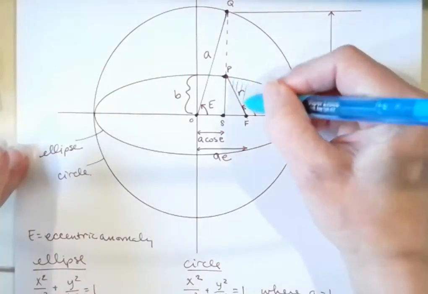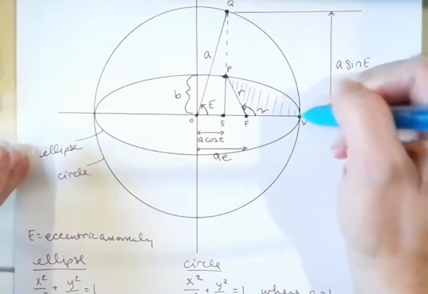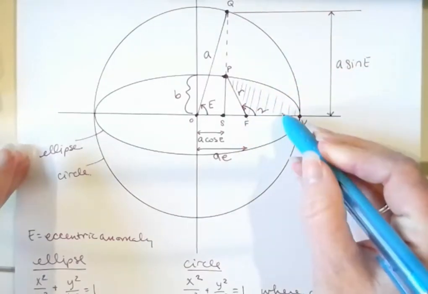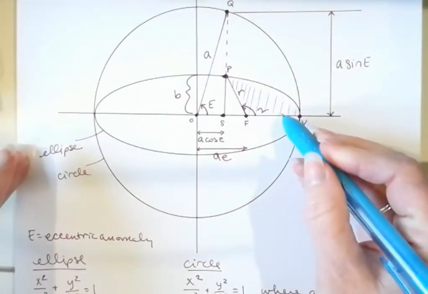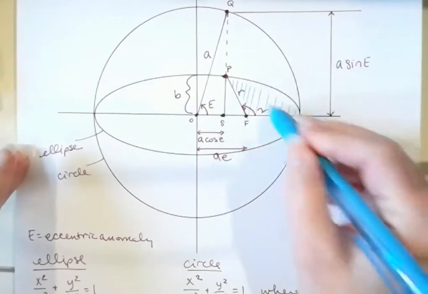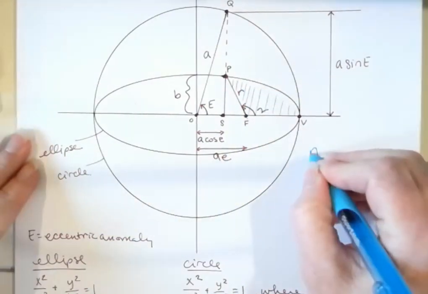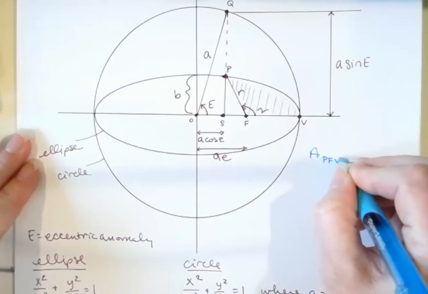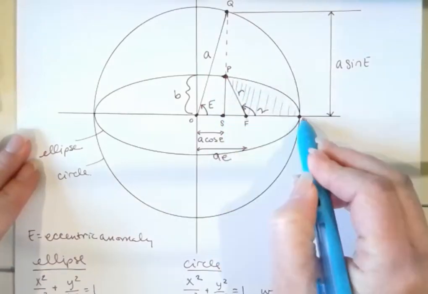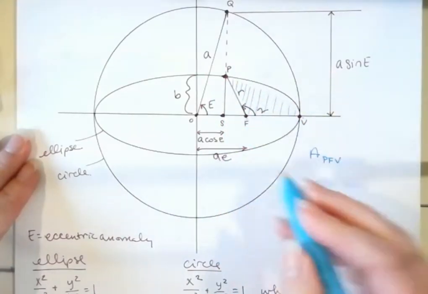Let's shade this in. That's supposed to be a blue. I don't know why this camera won't pick up colors, but this is blue. That's what I have it in. We're going to call that the area of PFV. So we got P, we got F, we got V. So let's call that area.